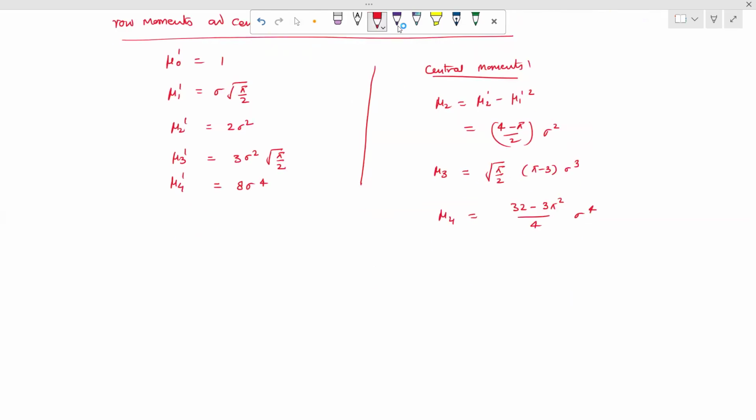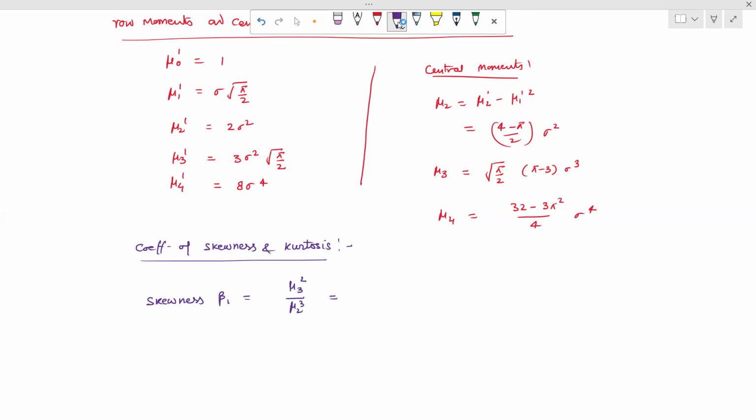After understanding these raw moments and central moments, we calculate the coefficient of skewness and kurtosis. But first we calculate the skewness, that is denoted as beta 1. Beta 1 is equal to mu 3 square upon mu 2 q.